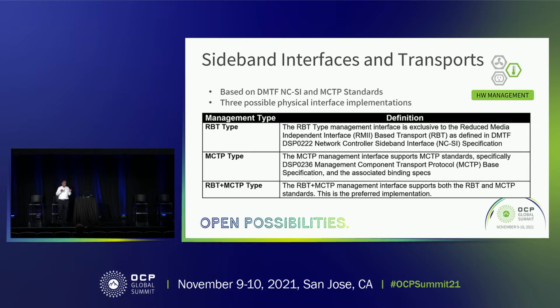The way the OCP NIC 3.0 spec leveraged those is it created three different management types. What this enabled, what is listed here, is that an implementation which supports RBT, the RMII-based transport, or MCTP-based transport is compliant to the spec. An implementation can also support both. For example, if your NIC is connected through RMII-based transport to the BMC, and in addition it has SMBus or PCIe VDM connectivity, then in different power states it can go through different interfaces.